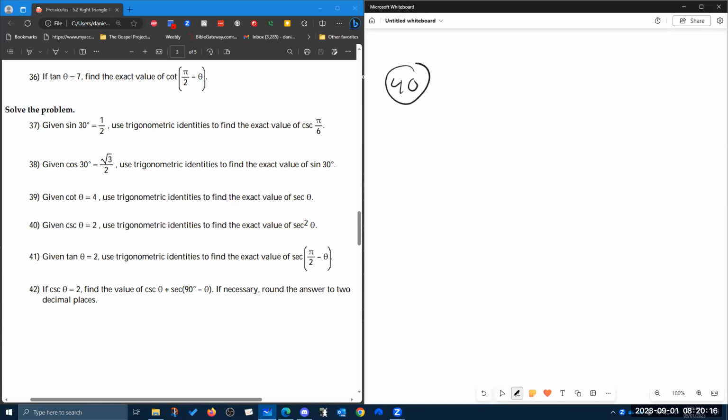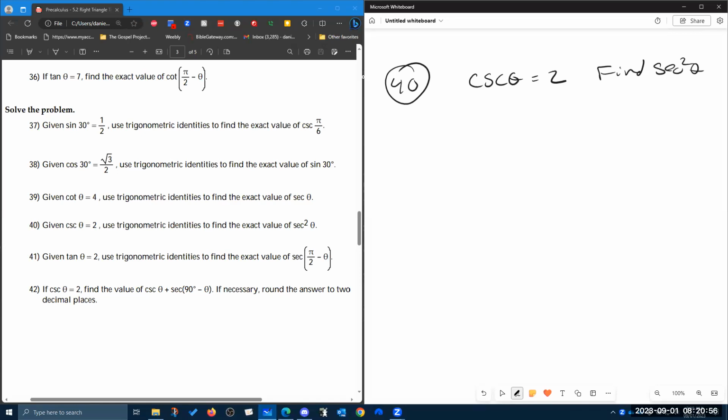Number 40 tells us that the cosecant of theta is 2, and we want to find the value of secant squared. So we're going to have to change that into sine, I believe.